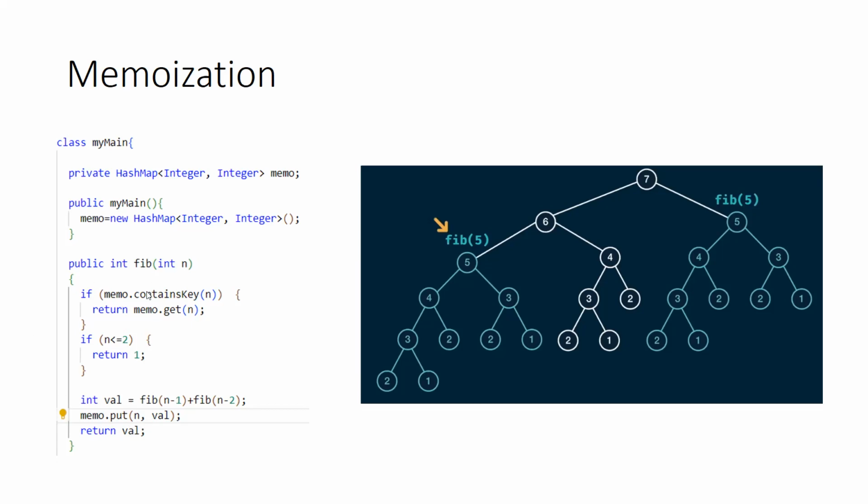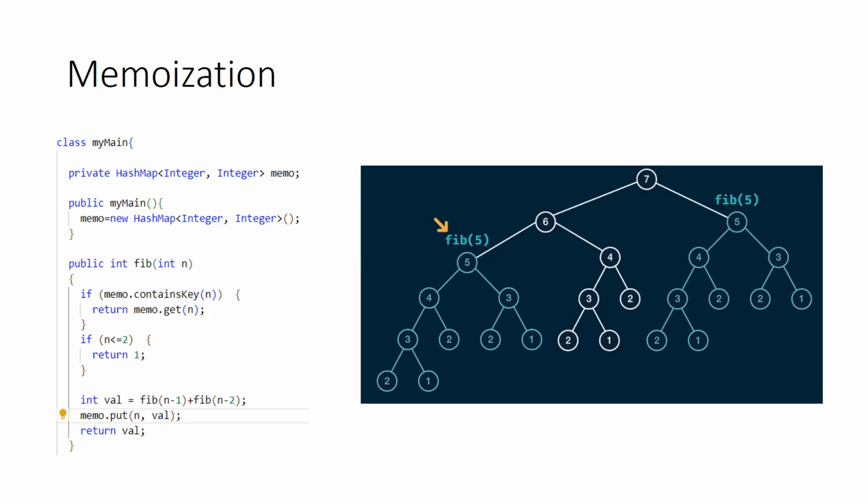And if we encounter a situation where the 5th number of this Fibonacci sequence already exists in my memo, then I don't need to recursively call this function for n equal to 5. I can simply get whatever the answer is at that value.